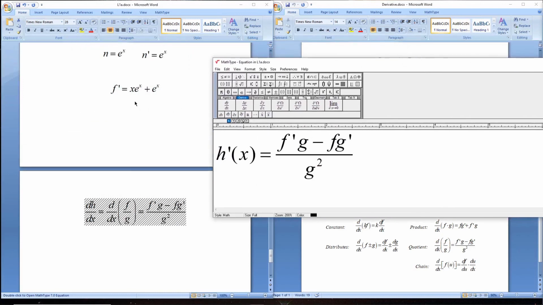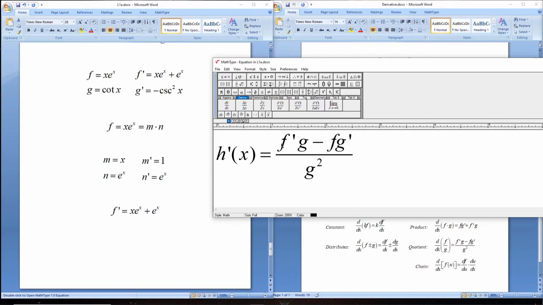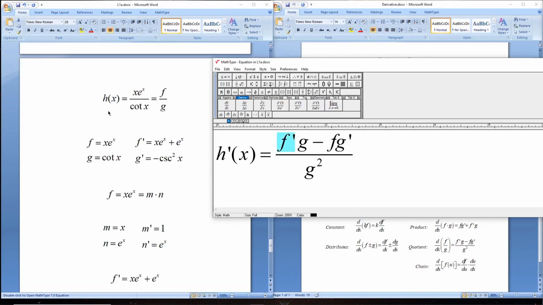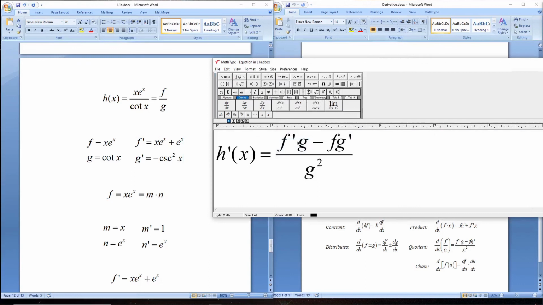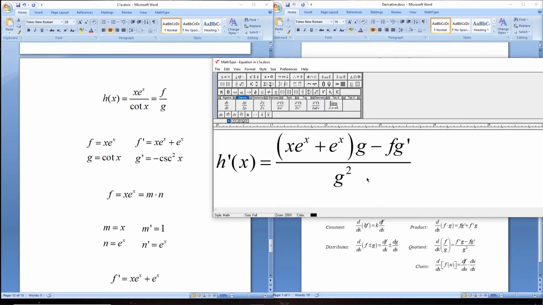So, f, the first thing we want to plug in. So now we're doing the derivative of h, which is a quotient rule. So the first thing we plug in is the derivative of f. And we'll need some parentheses there since the derivative of f has multiple terms.